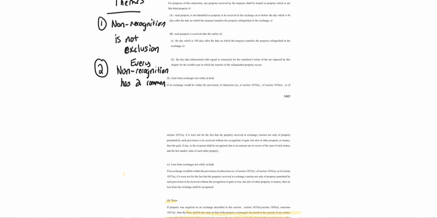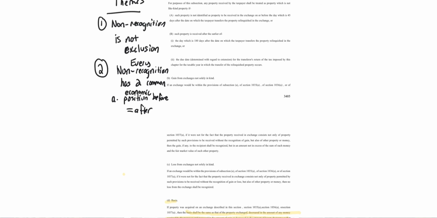And again, as I mentioned, these are things that Congress comes in and says, hey, we don't think it's right to tax this transaction currently. I'll list these as A and B since I already have number 1 and number 2 as the themes. The first thing is that the taxpayer's economic position before is pretty much the same after. So the economic position before equals after.